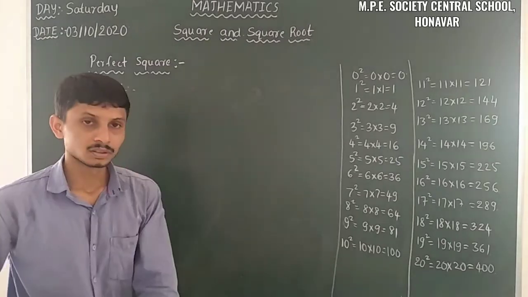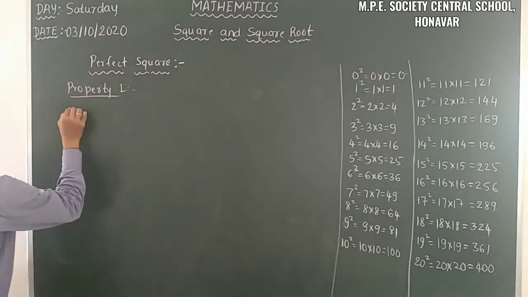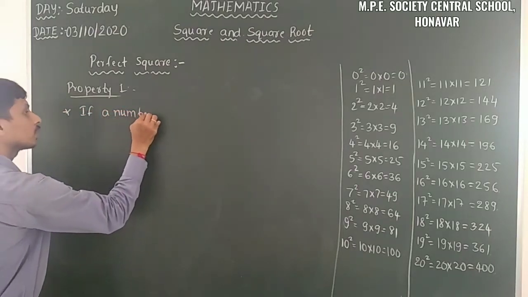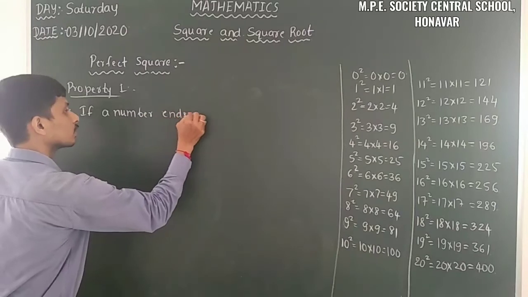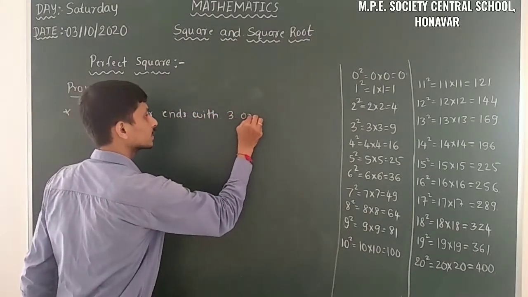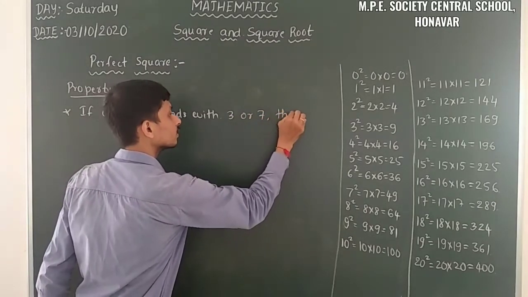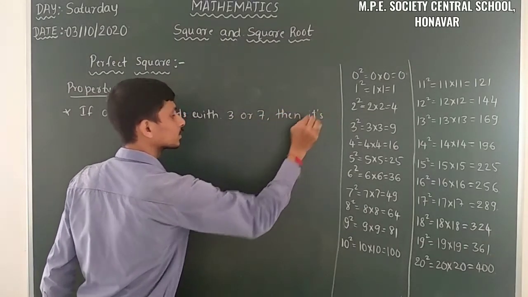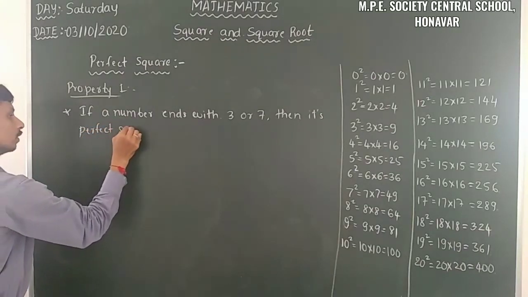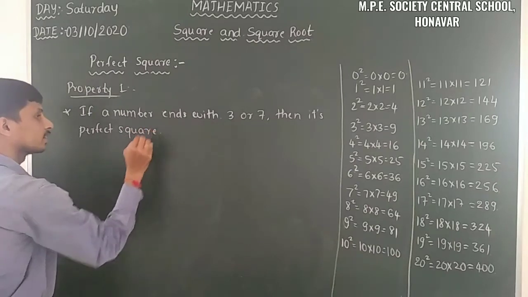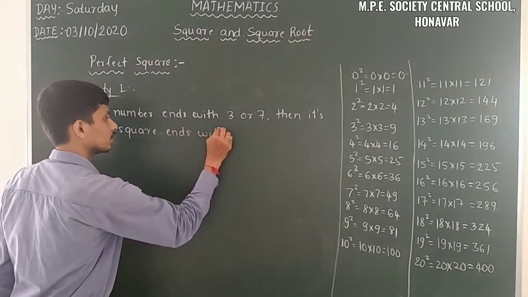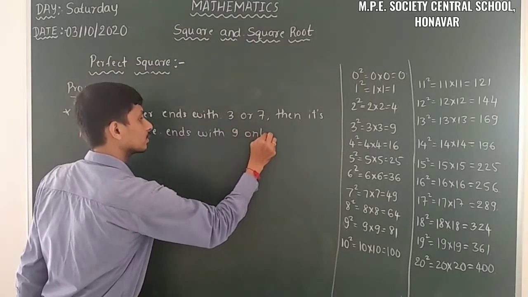So if a number ends with 3 or 7, then its perfect square ends with 9 only.